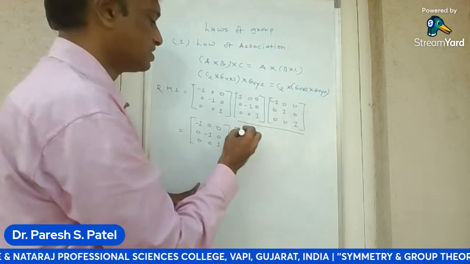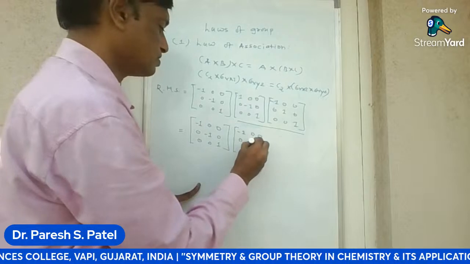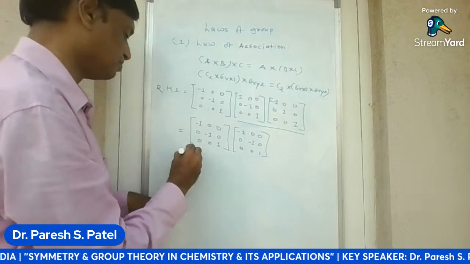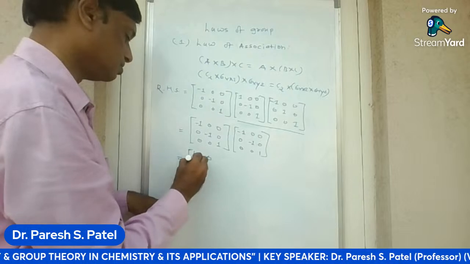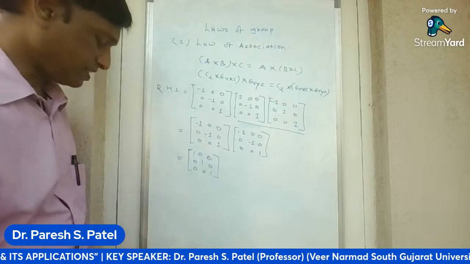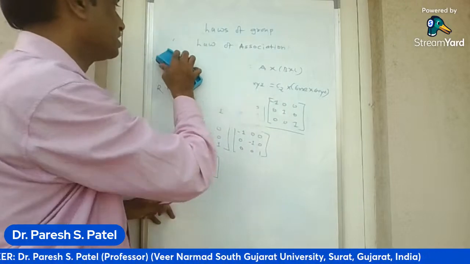The combination of these two matrices gives minus 1 0 0, 0 minus 1 0, 0 0 1. Now the combination of these two matrices gives 1 0 0, 0 1 0, 0 0 1. So the left hand side is equal to the right hand side, or we can say this is the law of association.